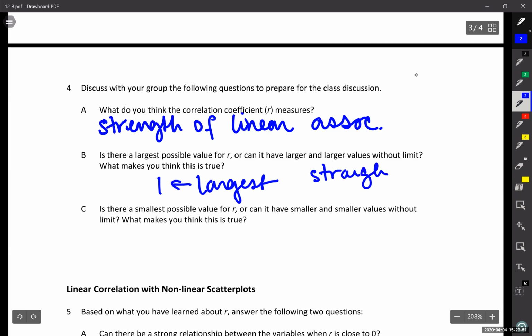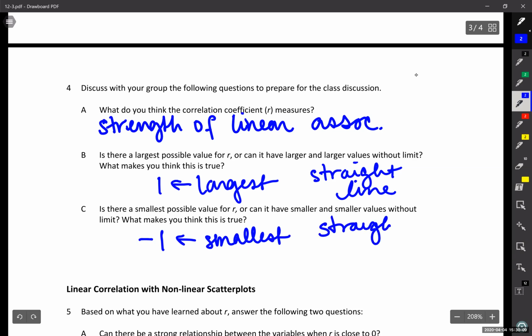The dots made a straight line. As I drew my line through the dots, it touched every single dot. Is there a smallest possible value for R? Yes, -1. That would be the smallest because, again, that made a straight line. And there wasn't any number on that picture more strong or smaller than -1.